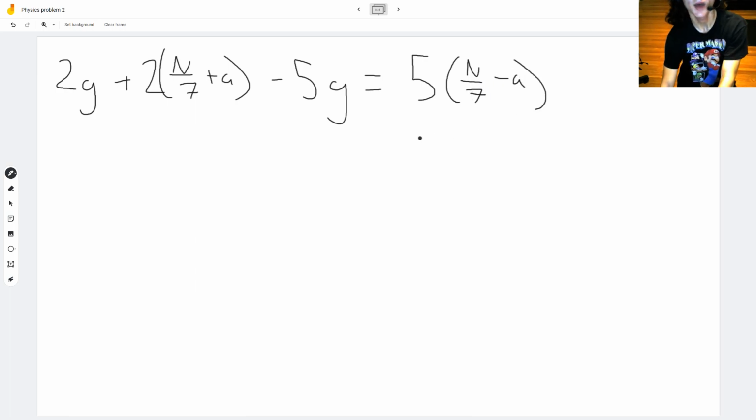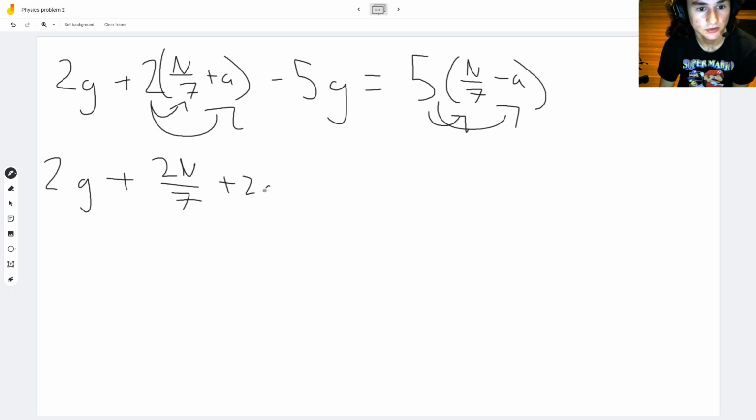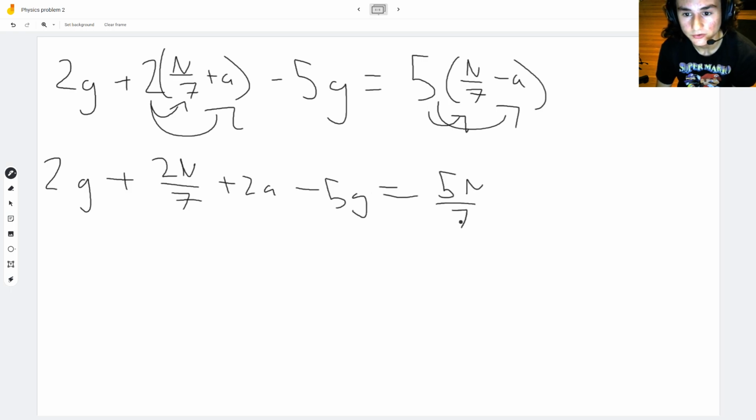So now that we've combined both of our equations, what I'm going to do is factor out our 2 here and factor out the 5 here. So that leaves us with 2g plus 2n over 7 plus 2a minus 5g equals 5n over 7 minus 5a.